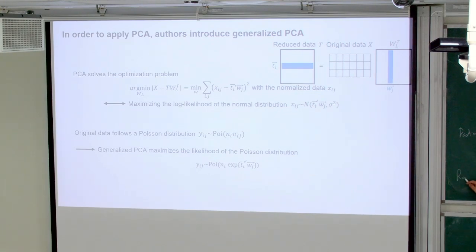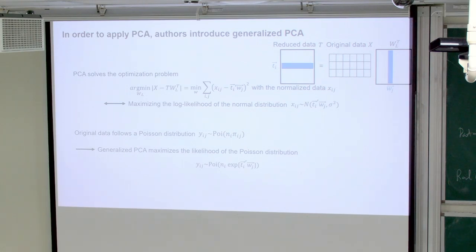Real data has some other distribution, so we cannot apply PCA directly. The first step is pre-processing: subtract the mean, divide by the standard deviation, and then we can apply the classical PCA.